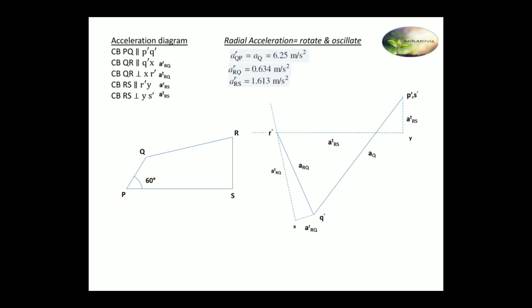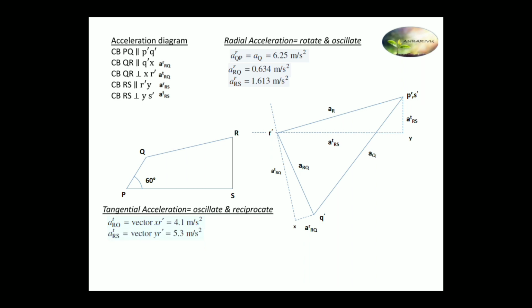Then again draw a straight line from R dash to P dash. From this diagram you can calculate the tangential acceleration values directly. From the tangential acceleration you can calculate the angular acceleration. Thank you.